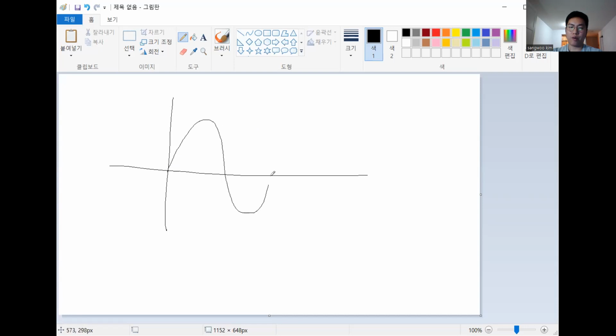So for example, this is V, and this is I. The color is almost the same. So look at that. This is I, right?